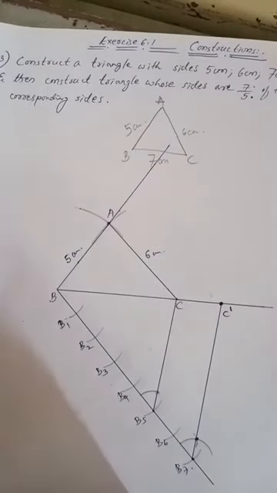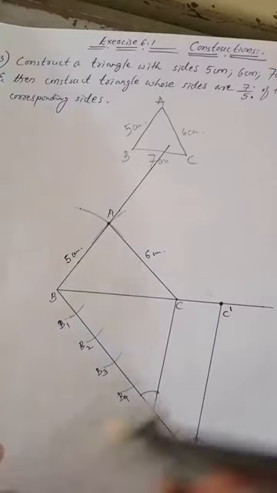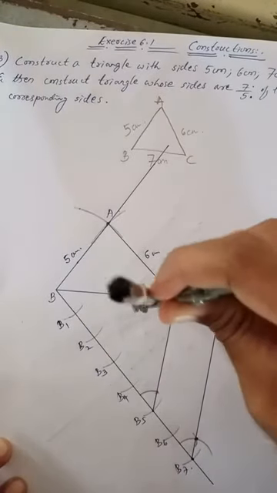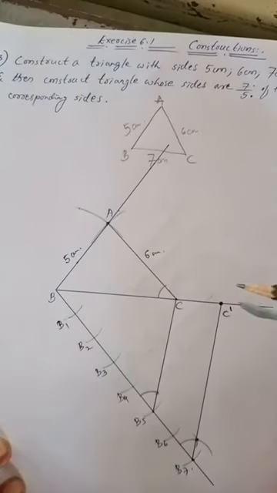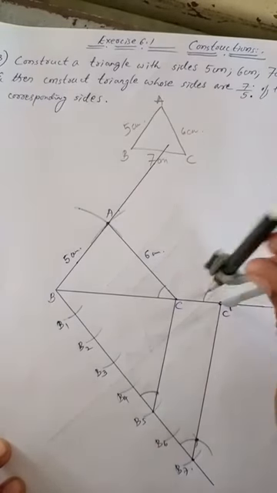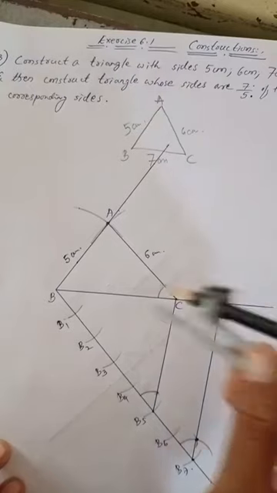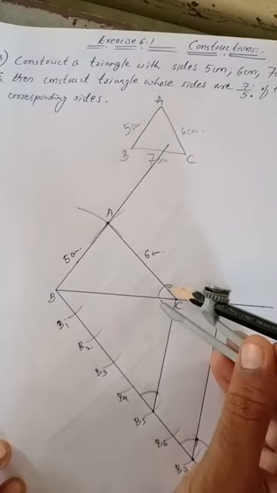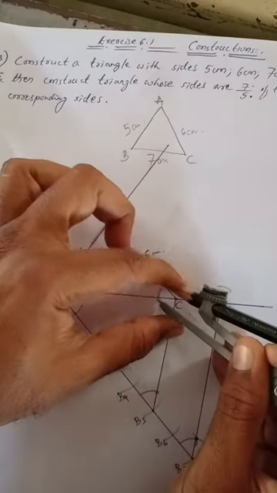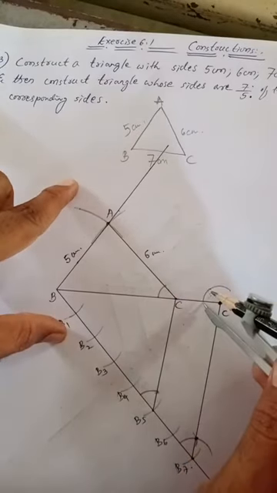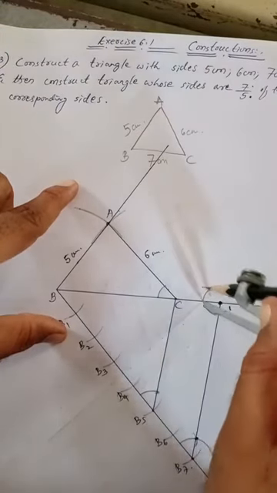Then further again we need to make an angle from C. So just draw an angle here. I did an angle, same keep it on C dash and make another arc here. This cannot be called an angle, it is an arc. Here it is an angle because two sides are joined. Now this arc we need to cut. For that take this measurement accurately. Then I will cut from here on this side.